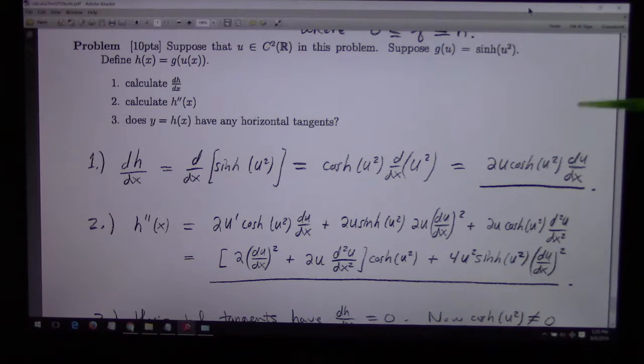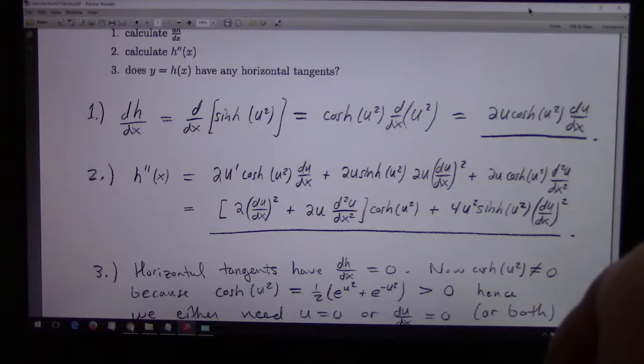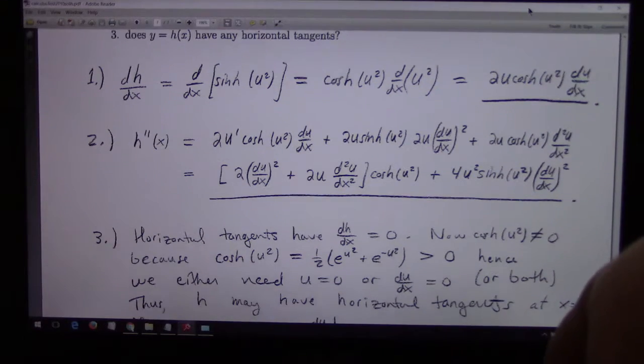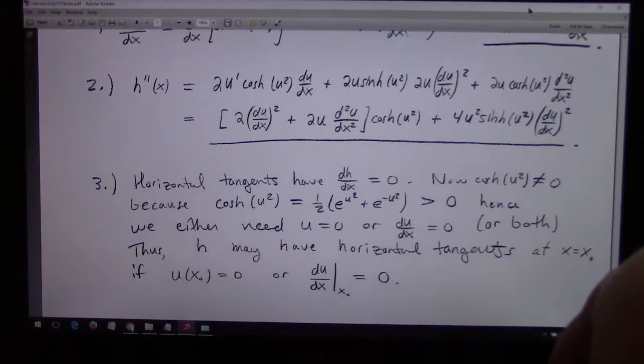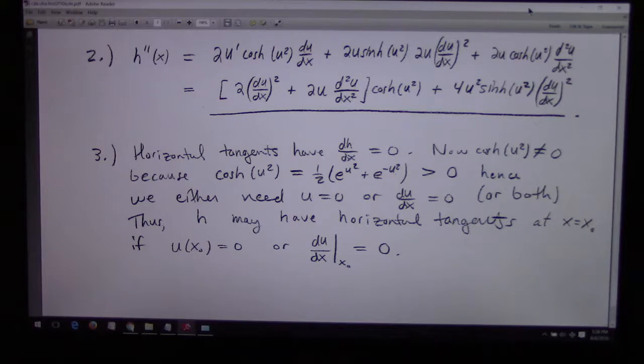Calculate dh/dx. So that's the chain rule. For h double prime, we differentiate this again, have to use the product rule and the chain rule. We get this monstrosity down there. And then horizontal tangents. Well, horizontal tangents have to be where dh/dx equals 0.